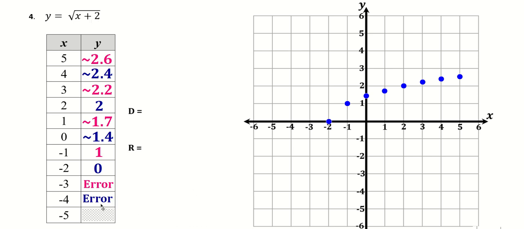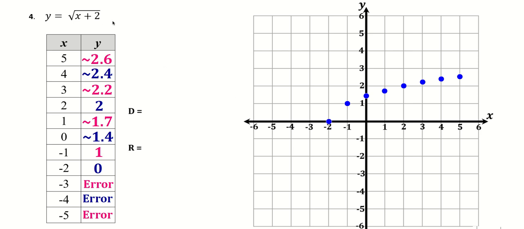So likewise, you try plugging in negative 4, error. You try plugging in negative 5, error. There is no graph over here for anything less than negative 2. You're literally not allowed, as far as domains go, to let x equal anything that's less than negative 2, because you'd get an imaginary answer.